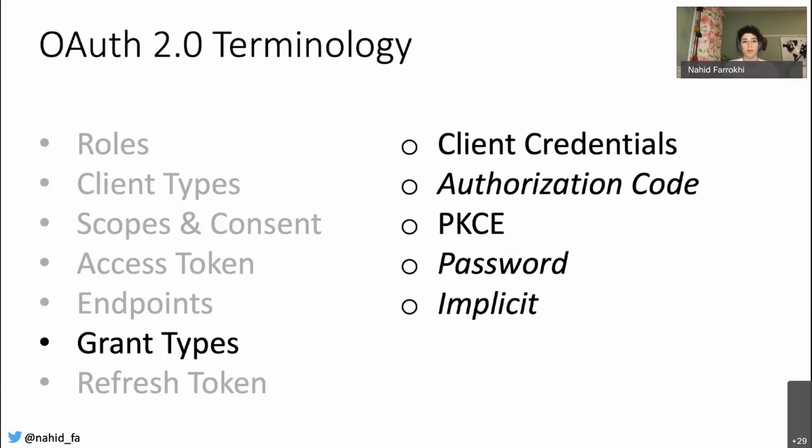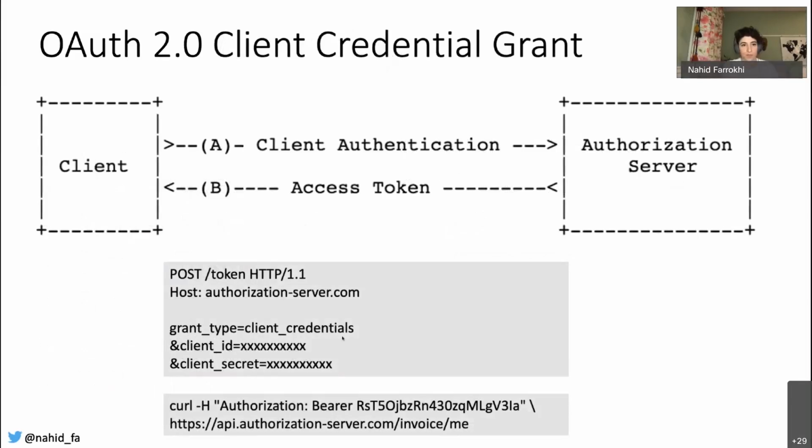Let's go to client credentials as the first one. Client credentials is the grant type, or the flow as you see in the picture. It's a flow where the client is authenticating, sending their client ID and client secret, and then they get an access token to be able to call an API.